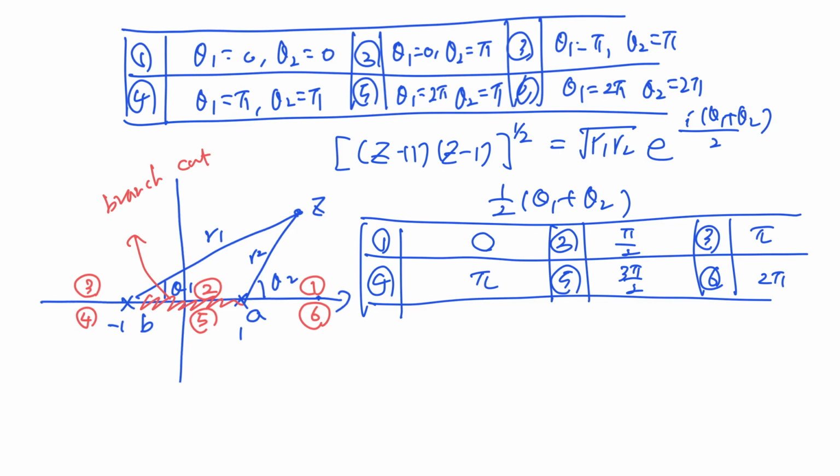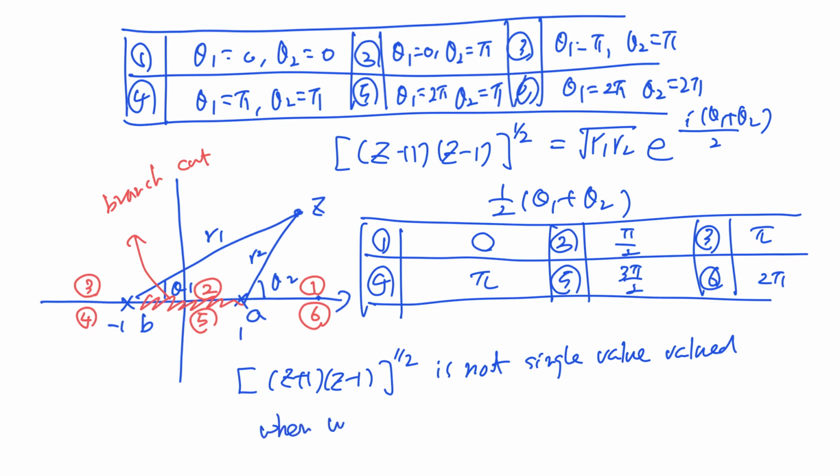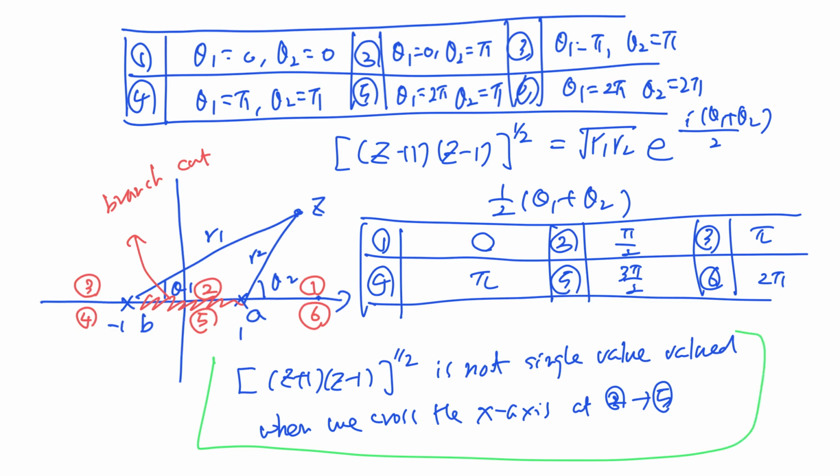Because it's not single valued when we cross the x-axis from 2 to 5. When you cross the x-axis from 2 to 5, there's a phase change.